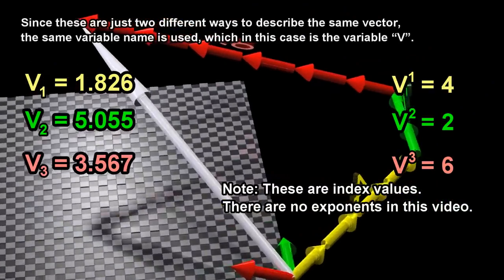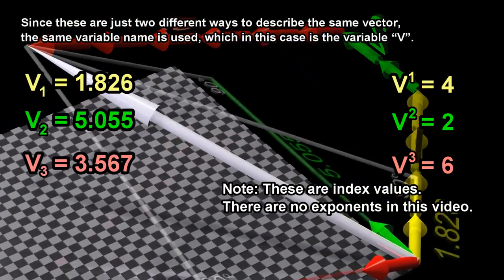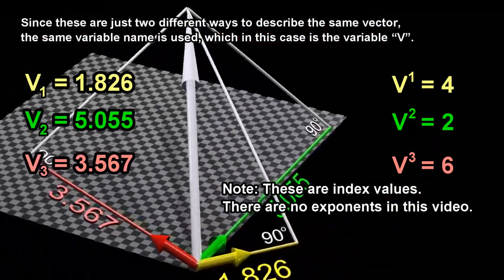Since these are just 2 different ways to describe the same vector, the same variable name is used, which in this case is the variable v.